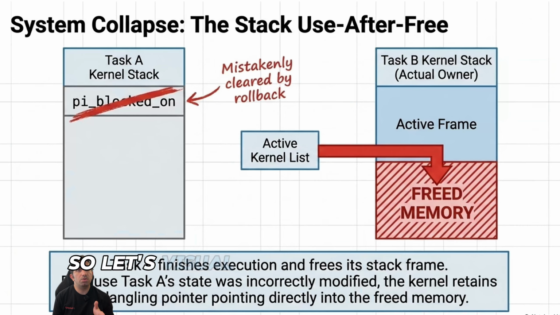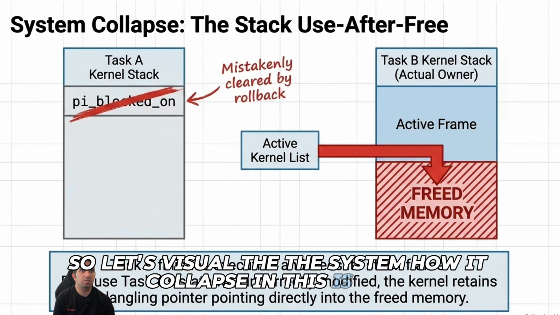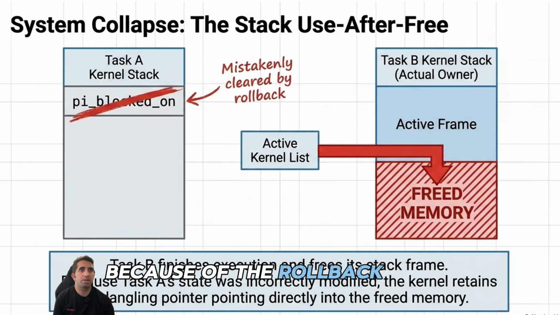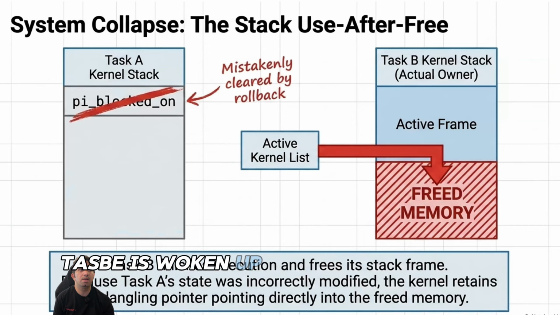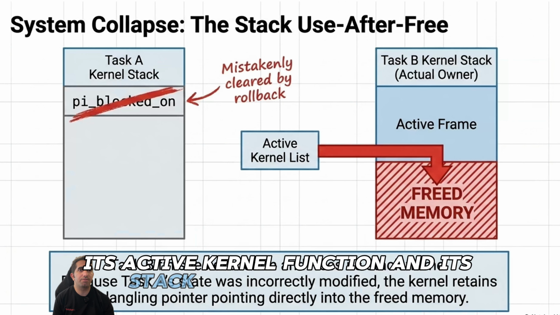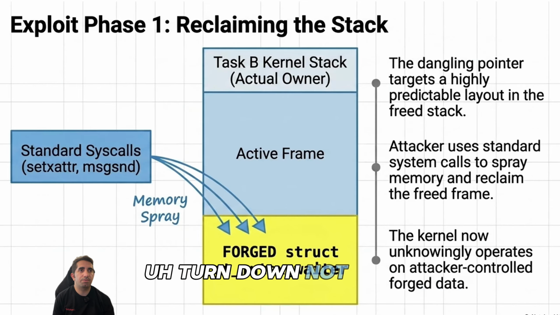So let's visualize how the system collapsed in this slide. Because of the rollback error, task B is woken up with an error, and task B finishes execution, exits its active kernel function, and its stack frame is completely torn down and freed.